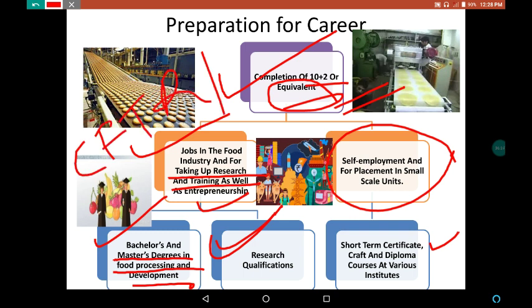It is in Mysore. There are so many short term courses for you, and there are so many other institutes which provide you short term courses or certificate courses or diploma in food processing and technology.